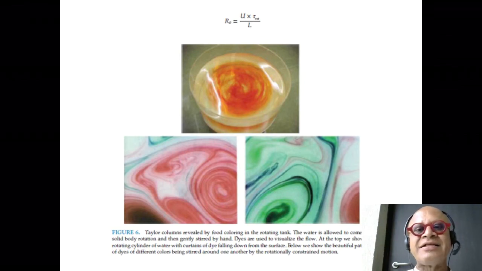So U over L gives you the 1 over time scale, the typical time scale in the atmosphere. And tau rotation is the time scale of rotation of the Earth, which is 24 hours. So it turns out that anything that tries to move close to the rates of rotation or faster can begin to get affected by Earth's rotation.